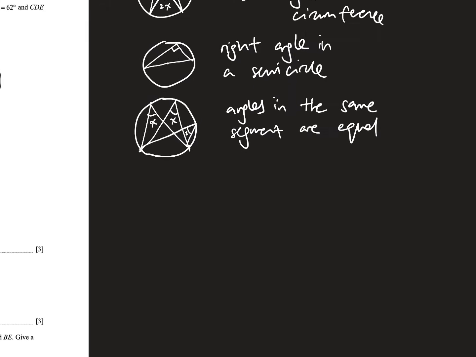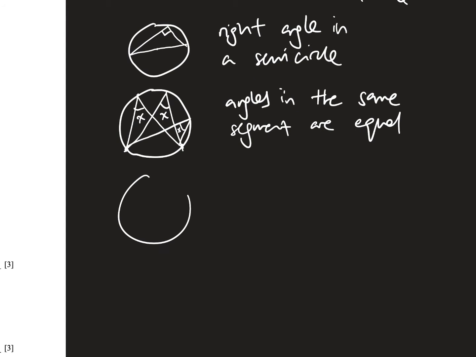And then finally, for the final angle property of a circle, we have some cyclic quadrilateral, which simply means that it's a quadrilateral shape with 4 sides, and all 4 corners lie on the circumference, as you can see over here.